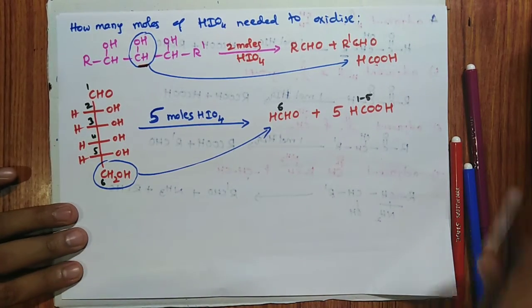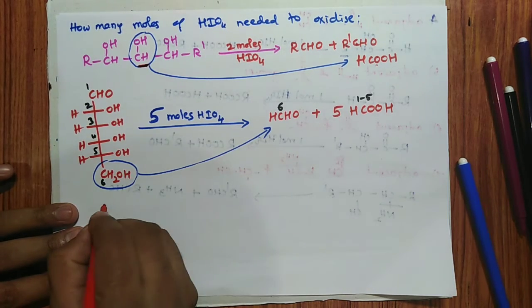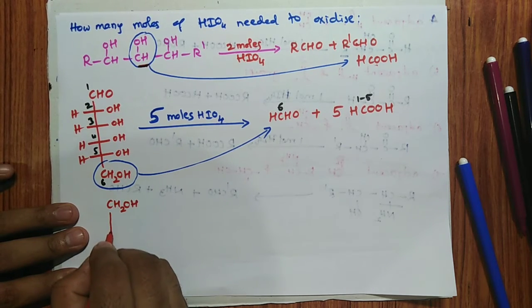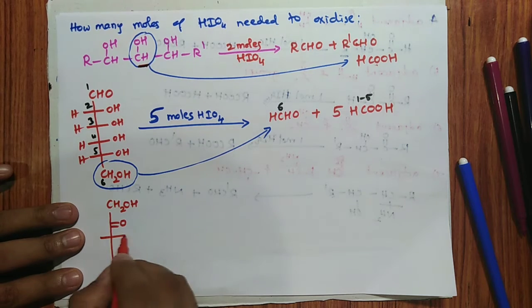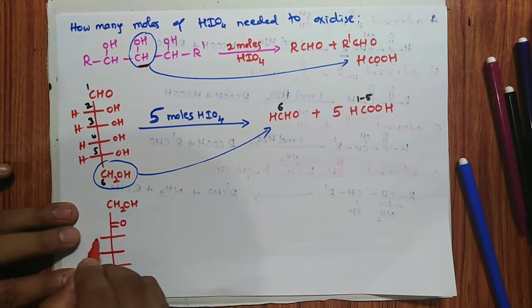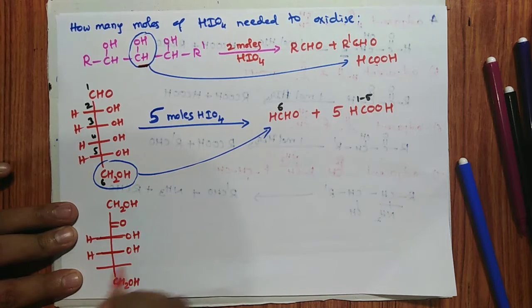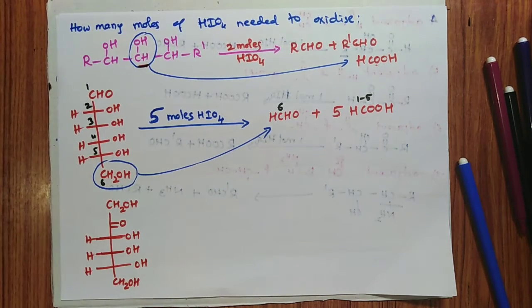So fine. The last question I will give you: if it is fructose, the structure is CH2OH, then C double bond O, then CHOH, CHOH, CHOH, CH2OH.